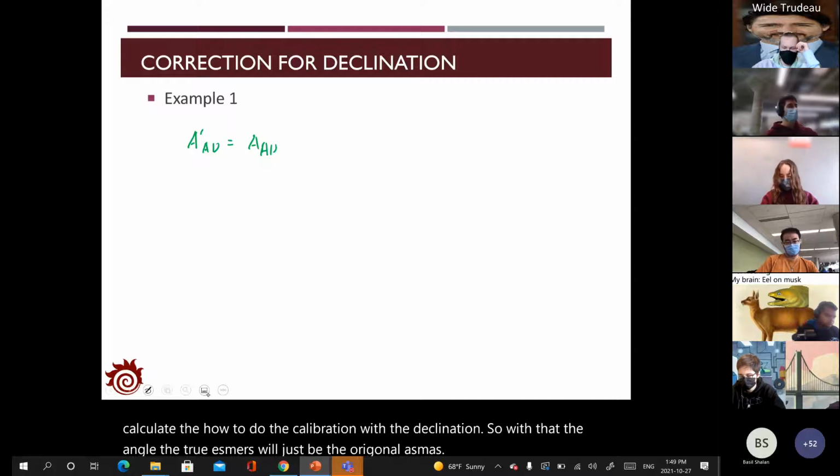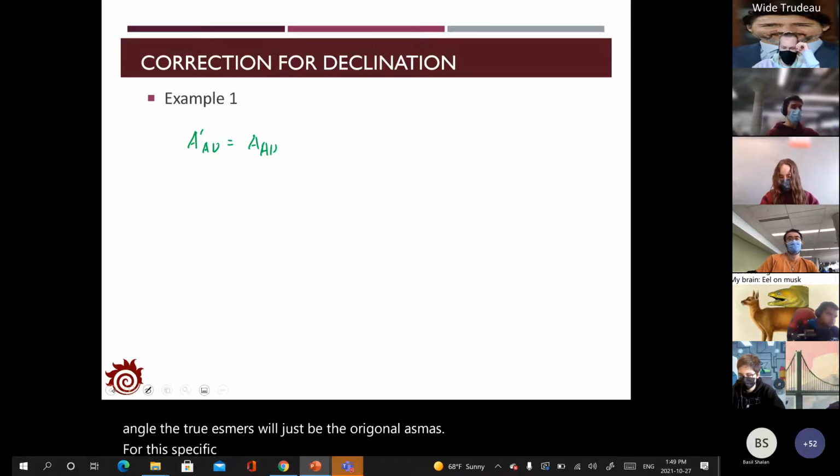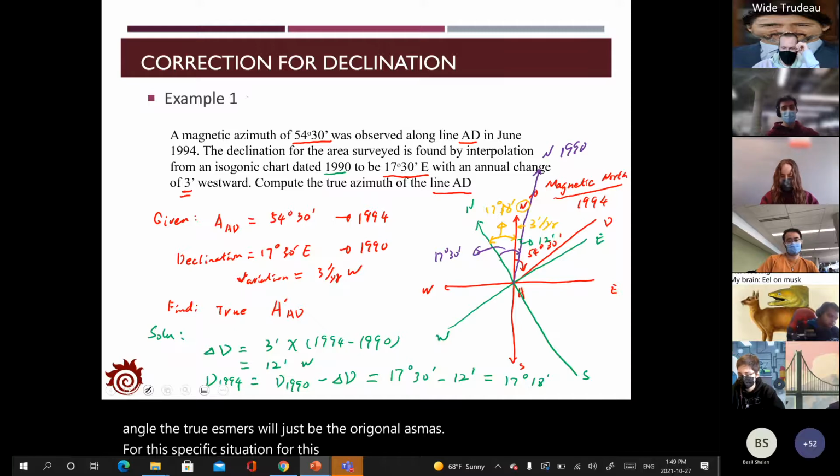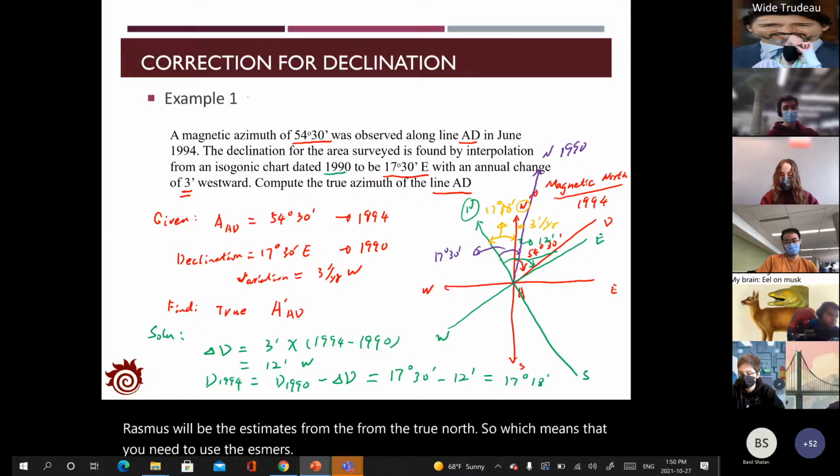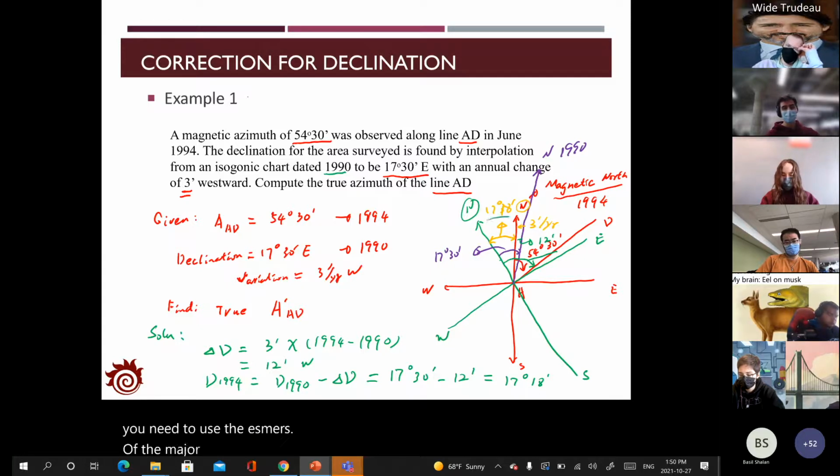For this specific situation, we want the true azimuth. The true azimuth will be the azimuth from the true north, which means that you need to use the measured azimuth plus the declination.